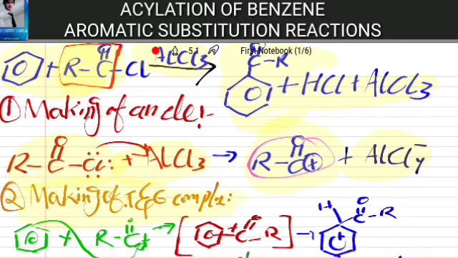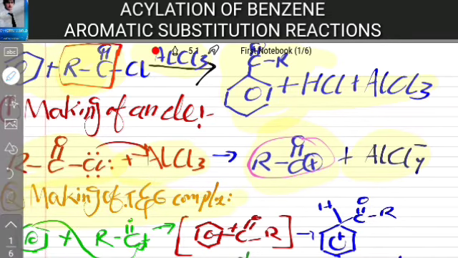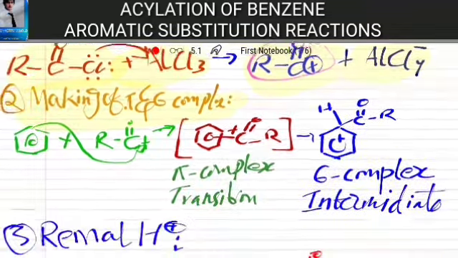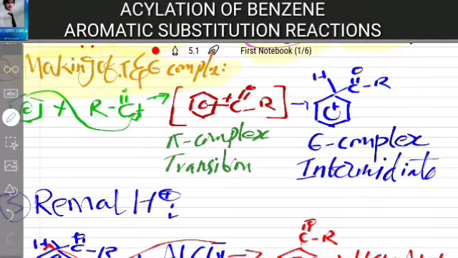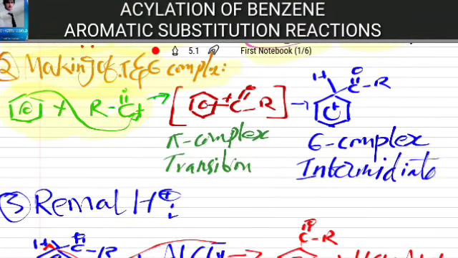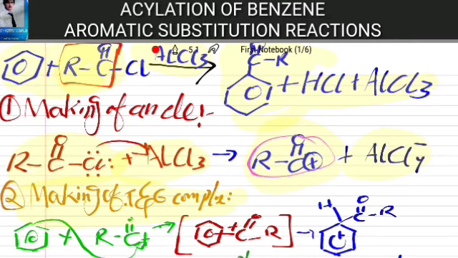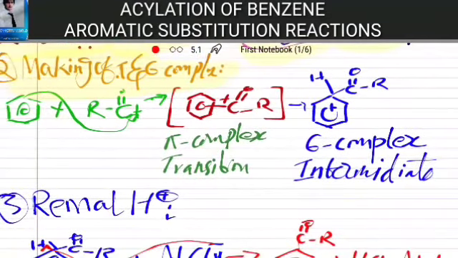The second step is making of pi and sigma complex. This electrophile is attacked by our aromatic ring, and the pi complex is shown as follows. It is immediately converted into sigma complex.